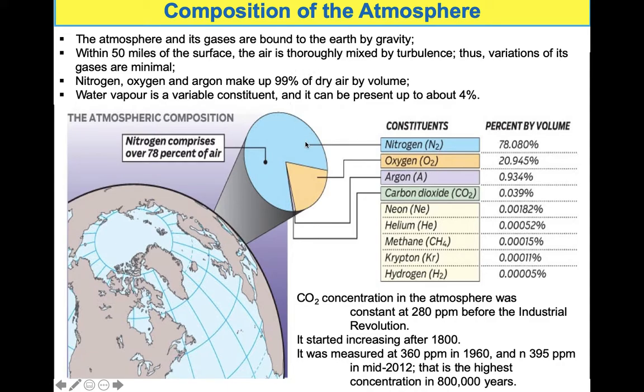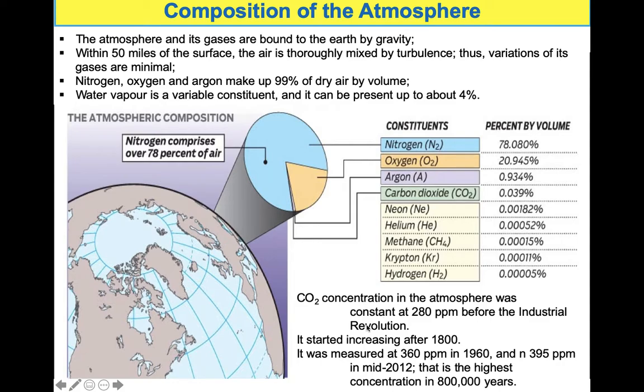Because within the first 50 miles, due to strong winds and turbulence, these gases are mixed completely, so fluctuations are very minimal. And the carbon dioxide concentration in the atmosphere is something that we, the scientists, are keeping a close eye on. Because, as you know, carbon dioxide is extremely important for global climate change.